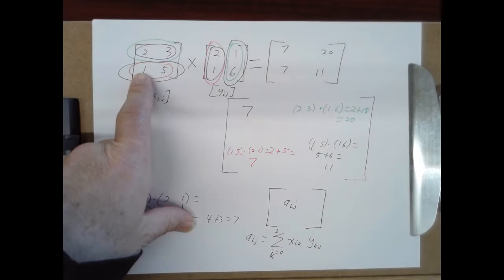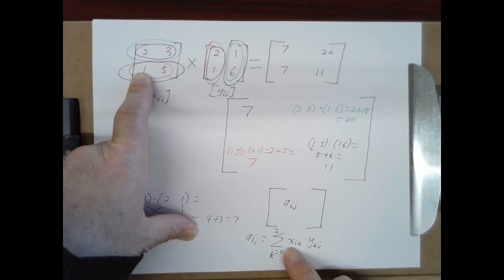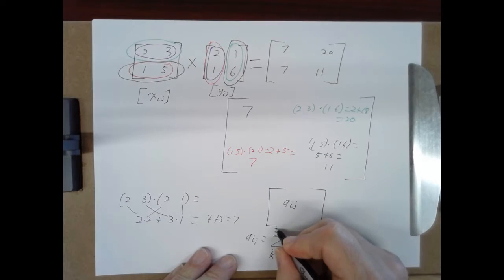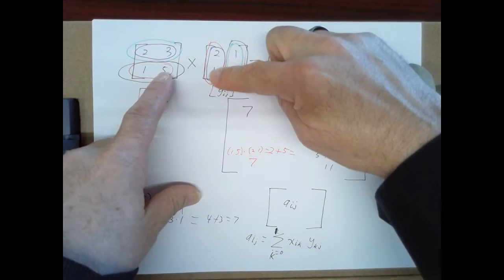So if we want this lower left corner, we run k from 0 to 2. We take x 1, 0, x 1, 2, and 1, yeah, up to 1. All right. So you can work out the details of that, but basically it's just a summation, right? So multiply, multiply, and add them together.